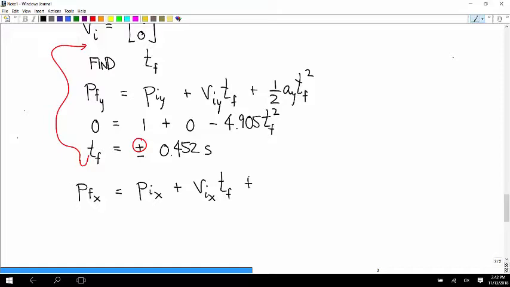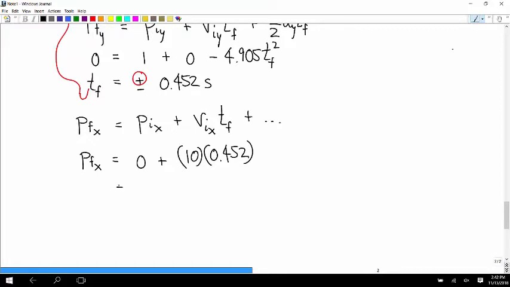AX is equal to 0, so we don't care about that. That's going to go away. And so we have that PFX is equal to 0 plus VIX, which is 10, times TF, which is 0.452. So PFX is 4.52 meters.